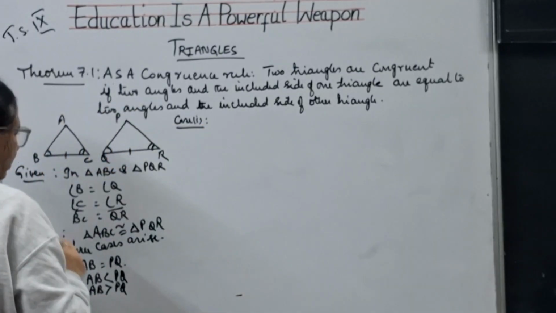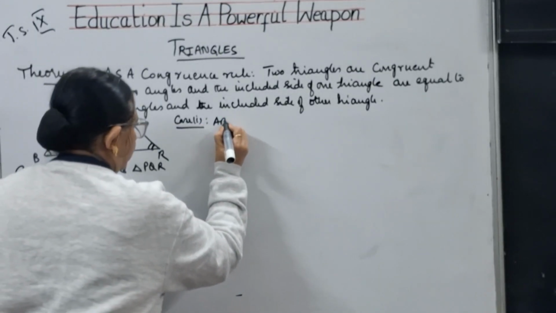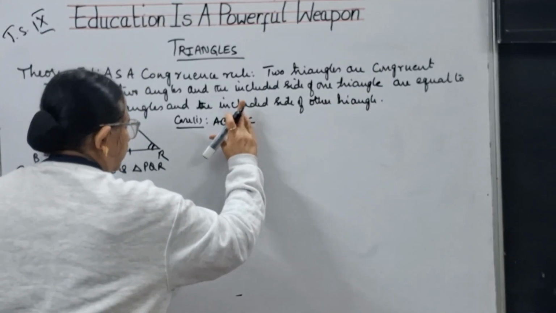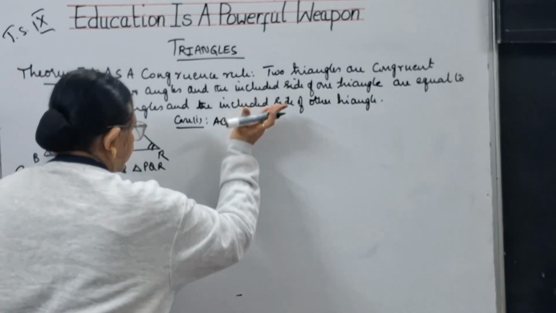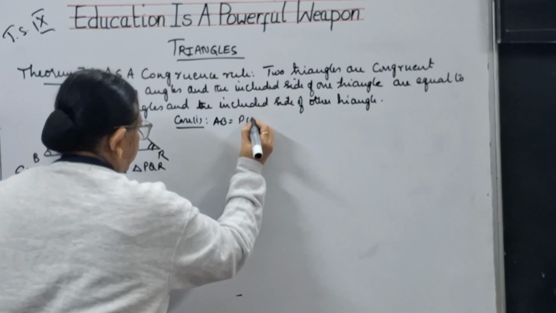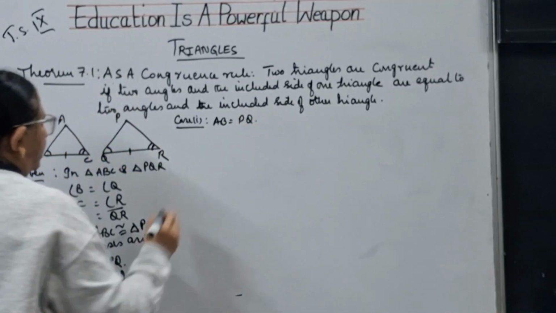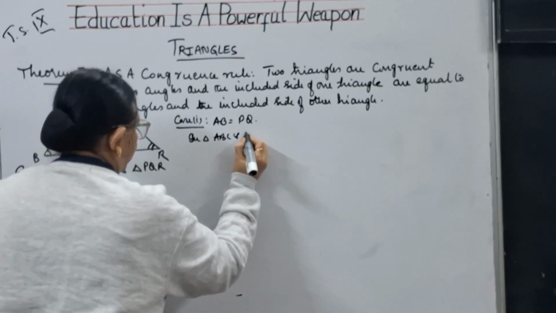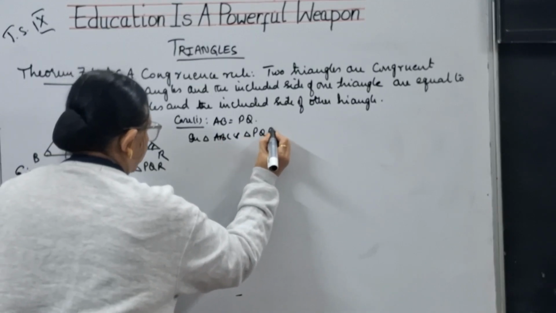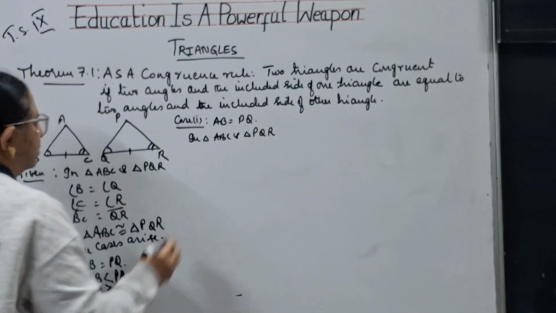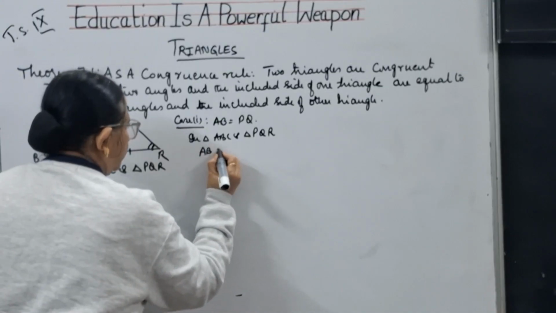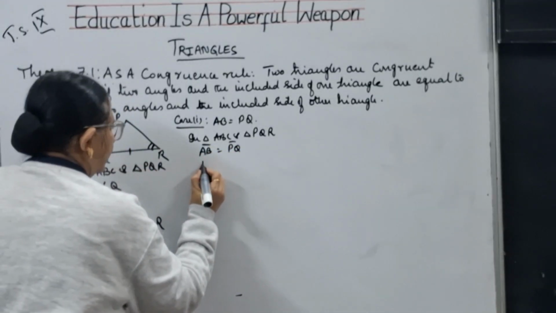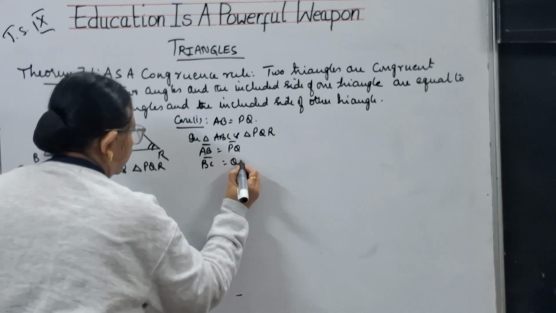Case 1, where AB is equal to PQ. If AB is equal to PQ, then in triangle ABC and triangle PQR, AB is equal to PQ and BC is equal to QR.